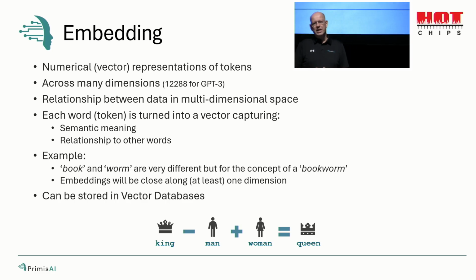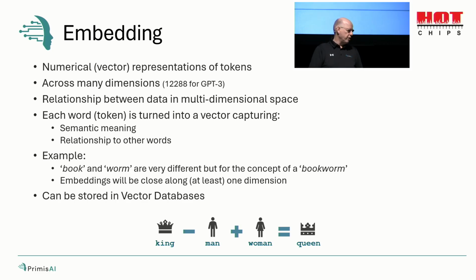And that meaning is, if you will, stored in a vector with multiple dimensions. So every token is represented in many different dimensions. I think there are over 12,000 dimensions for GPT-3. And the model effectively learns what it assigns meaning to for each dimension, if you will.